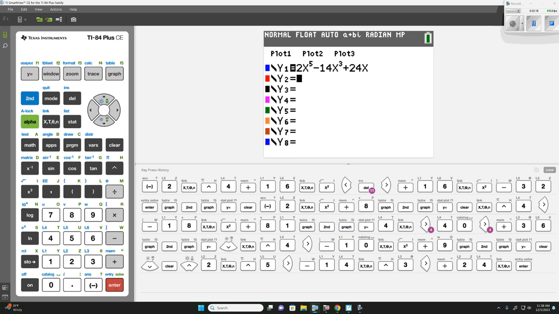Questions on how we type this in? And make sure we type them in so we get some practice typing them in so that we are ready, especially for the test, being able to type them in.